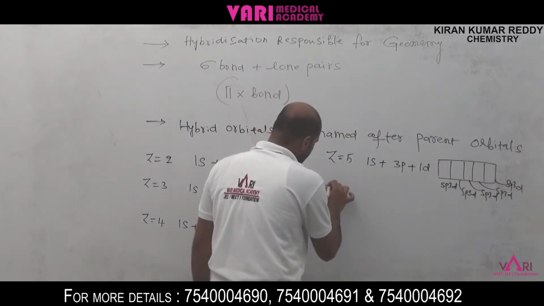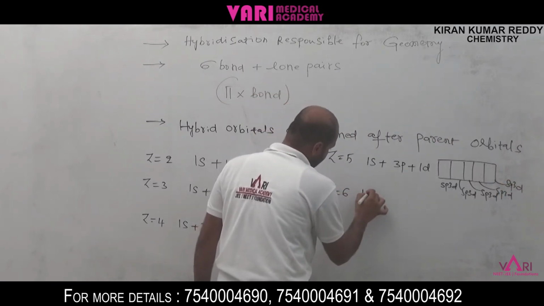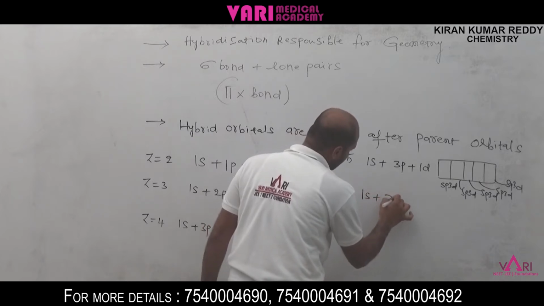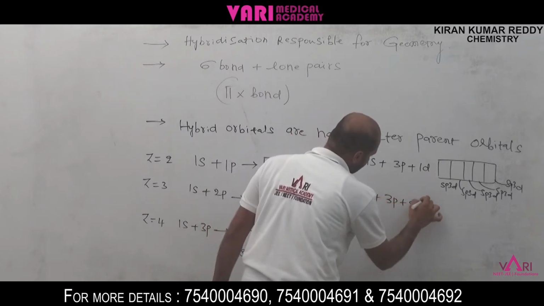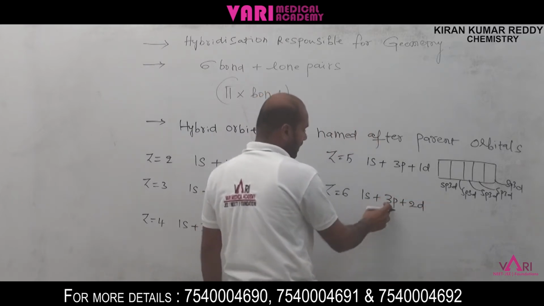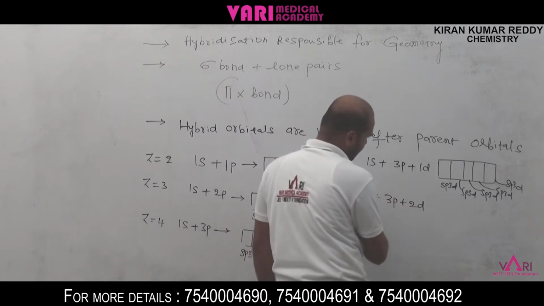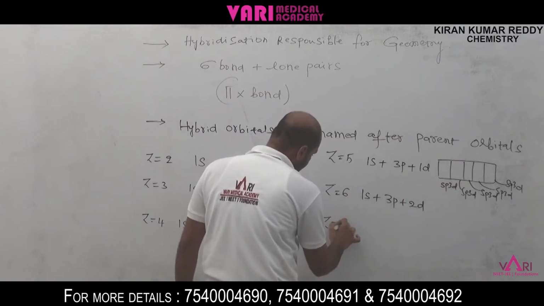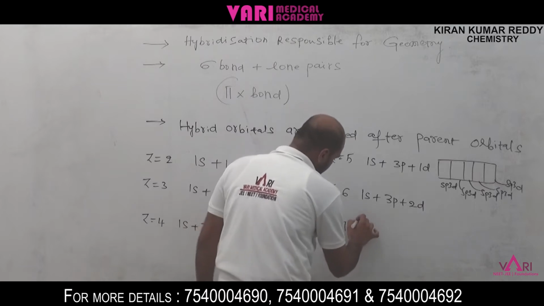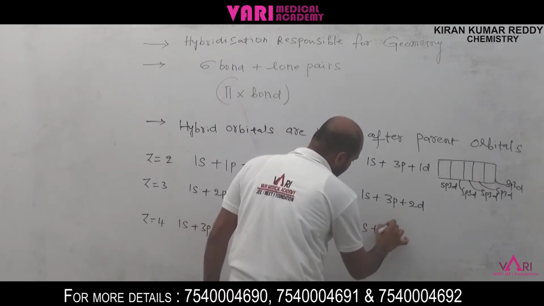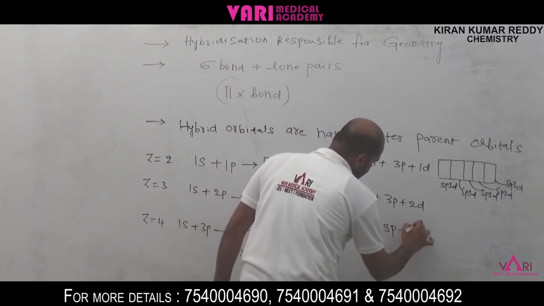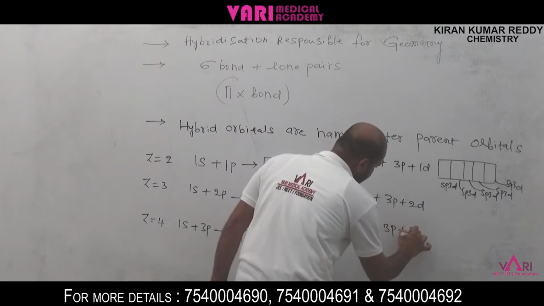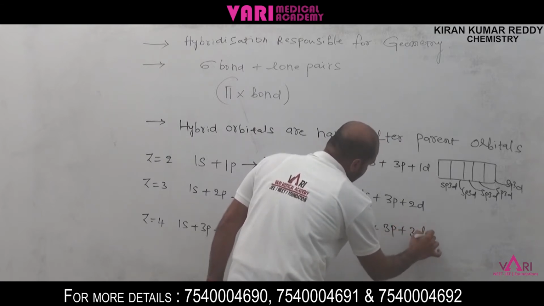Now Z is equal to 6 means 1 s orbital, 3 p orbitals and 2 d orbitals, 3 plus 2 plus 1, 6 sp3d2 orbitals are formed. Z is equal to 7 means 1 s orbital, 3 p orbitals and 3 d orbitals to form sp3d3.